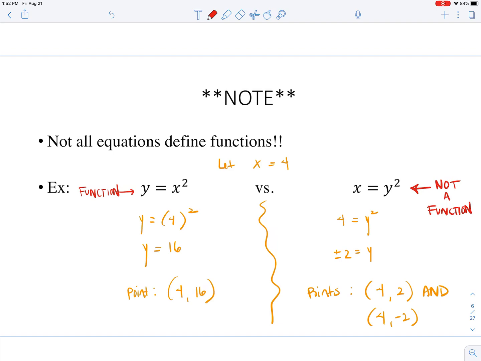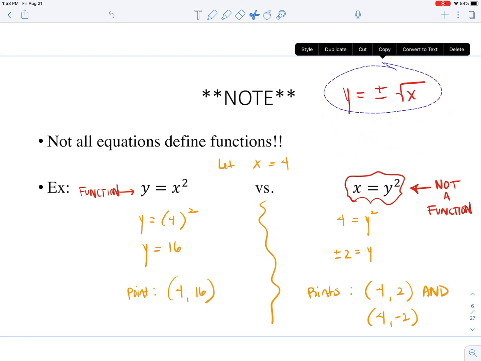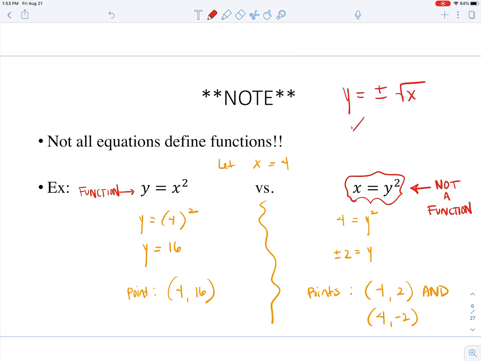If we went back to this equation here and solved for y, we would have y equals plus or minus the square root of x, which, plus or minus, represents 2 different expressions. So this would actually be the 2 equations: y equals the positive square root of x as well as y equals the negative square root of x.